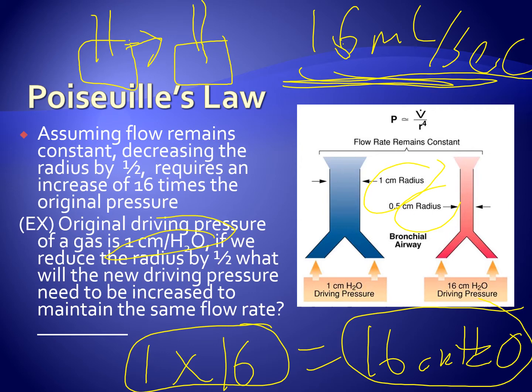Isn't that crazy? So if I ask you this in the future, hey, what would be my new pressure needed to get that same flow rate? You're just going to multiply it by 16. In this example, the radius is reduced by half, so we multiply by 16. Our new driving pressure is already there, because I used the same numbers to maintain the same flow rate.